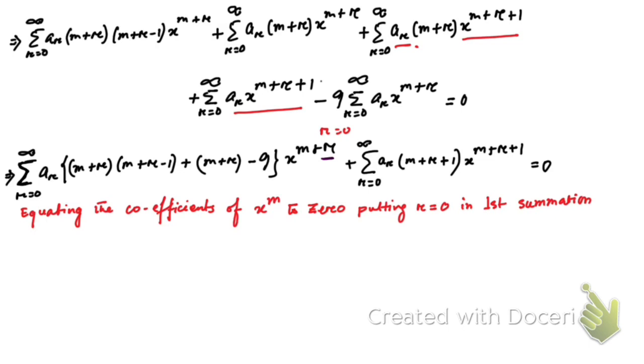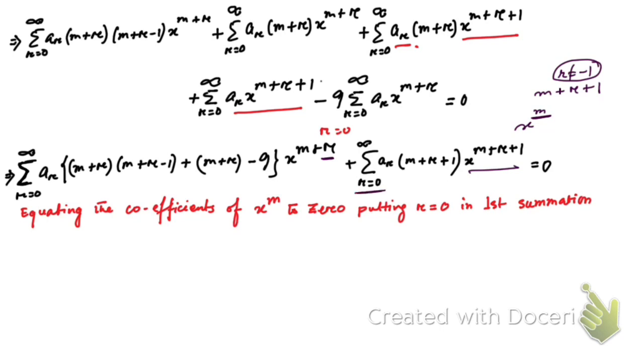And one more thing, in order to make it x to the power m, here we had x to the power m plus r plus 1. So in order to make it m, we must put r equal to minus 1, but it cannot be put; r cannot be minus 1, r starts from 0.